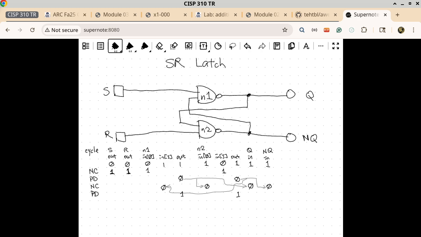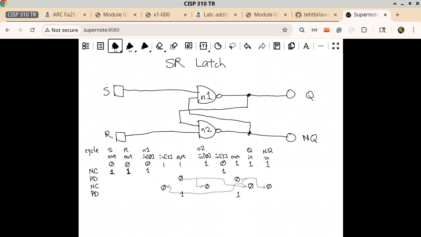Are we good so far? Okay. So now, for those of you who are keen at noticing patterns, aren't we getting back to the first NC row now? Because now S and R are both ones, and those are input pins. So nothing you do inside the circuit will ever change S and R, because that has to be initiated from the outside.